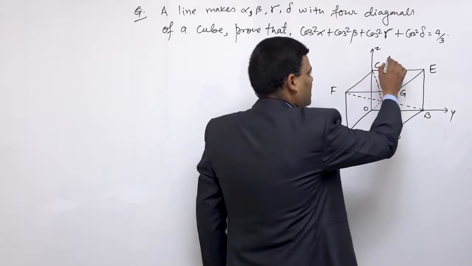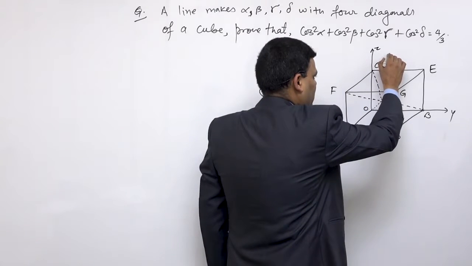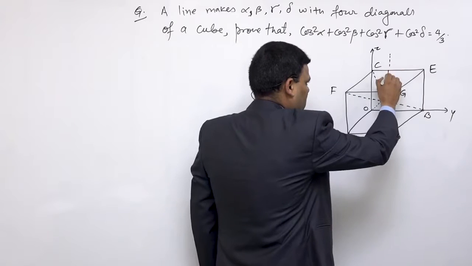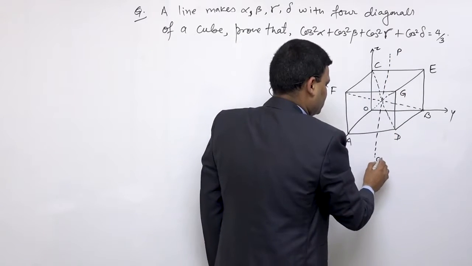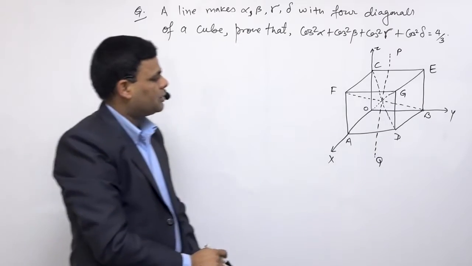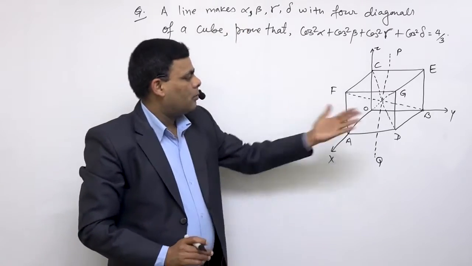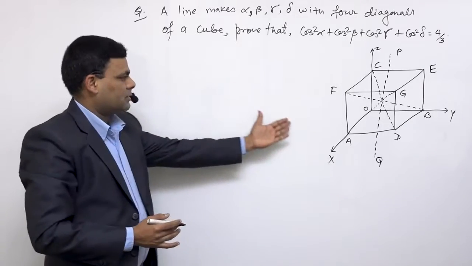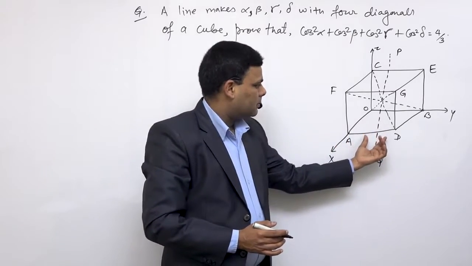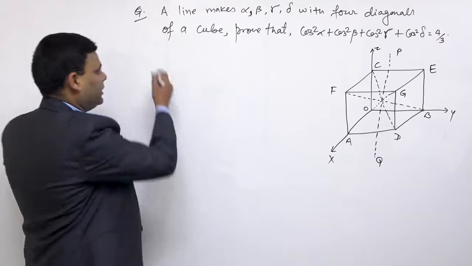And suppose there is another line PQ which makes angles alpha, beta, gamma, delta with the four diagonals of a cube. Now we explain the figure in this way.